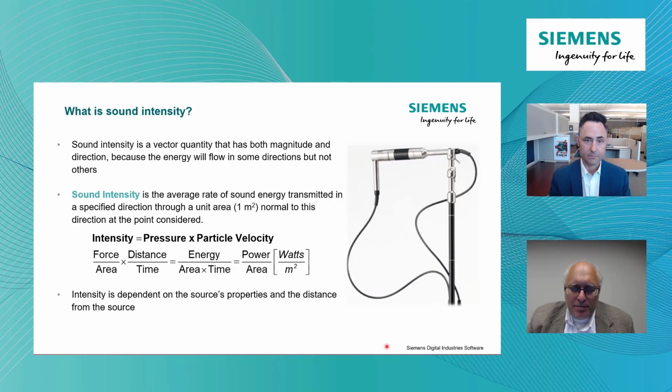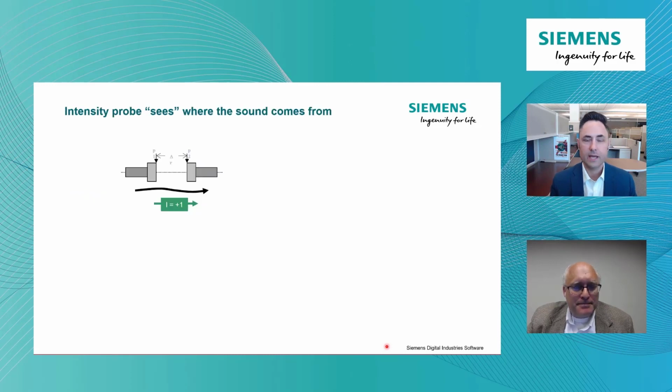And I got a feeling because the units are watts per meter squared, this is somehow going to let us get into power. That's exactly right. So because we have these two microphones, it allows us to sort of see which way the sound is flowing, where it's coming from.